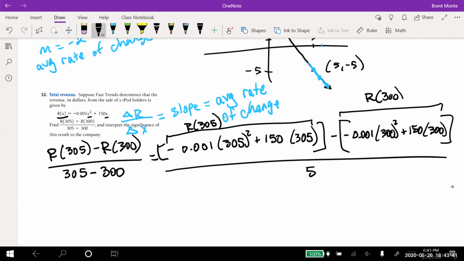It's in dollars, so I'm going to go to the nearest penny. I get 45,656, and it's 0.975, so I'll say 98 cents. Minus, so that was my first one, and I'll plug in the second one. All I have to do is change those 305s to 300s. And I get $44,910. It's all over 5.